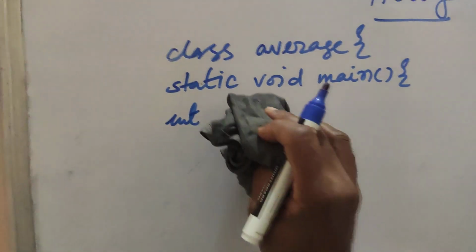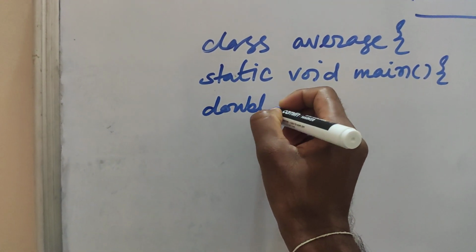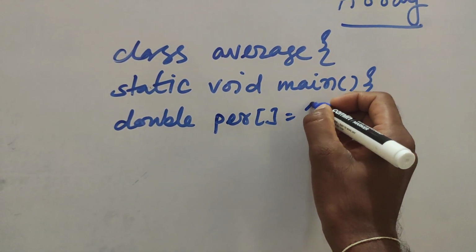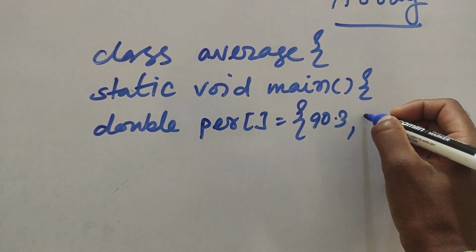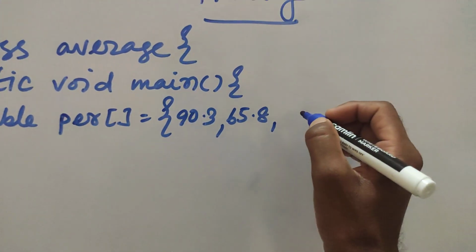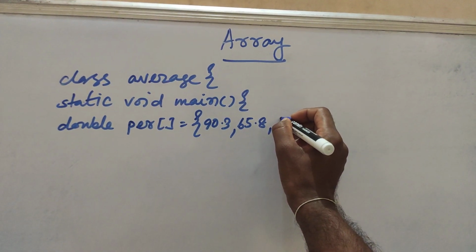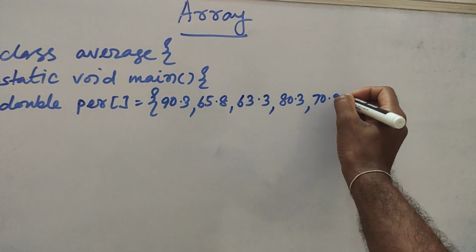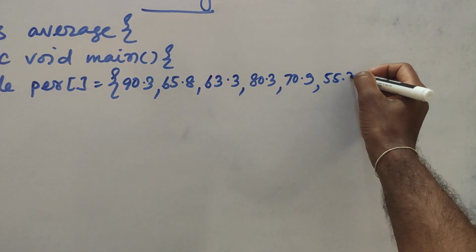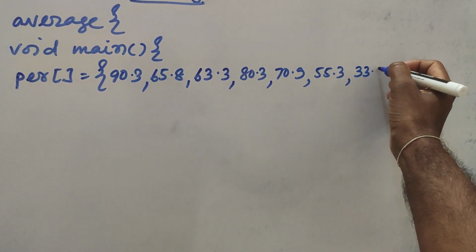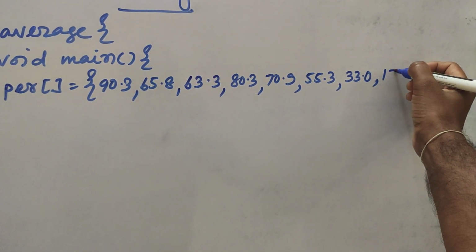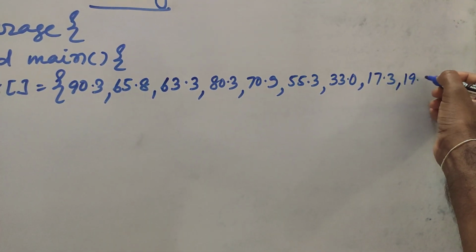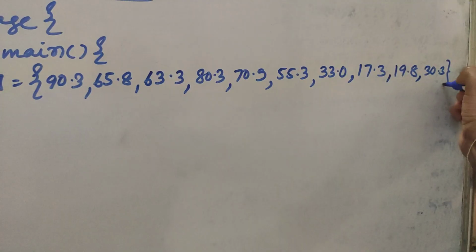Suppose I am taking double values: double par, 90.3, and so on, suppose 10 values.